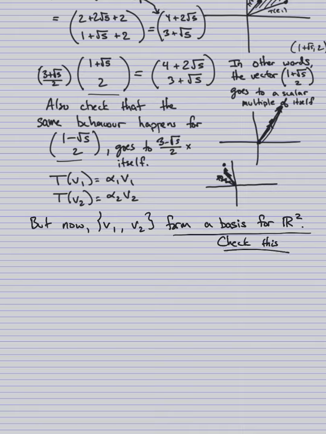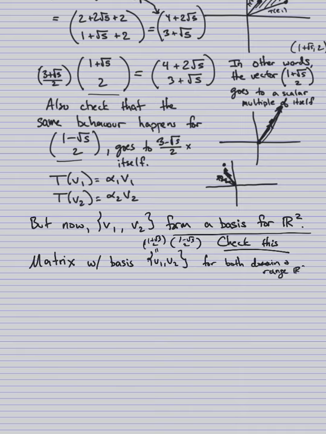So now, when you write it out in this basis, the matrix, where I choose the same basis, v1, v2, for both the domain R2 and the range R2, has this form.